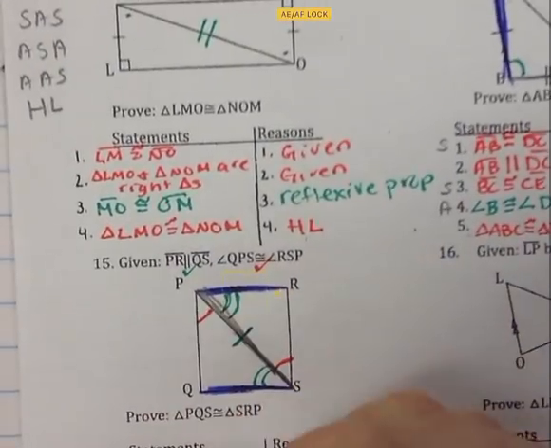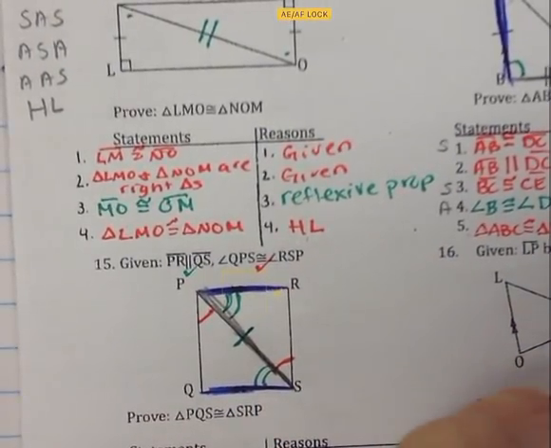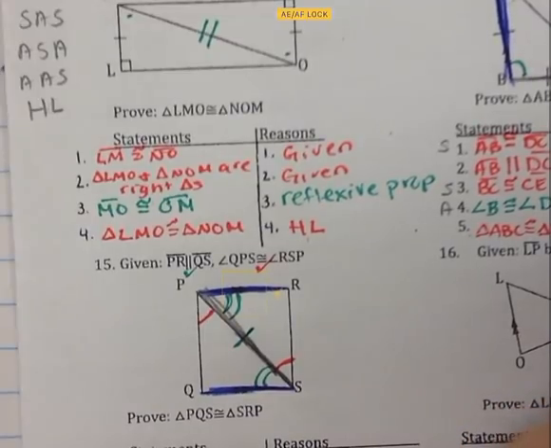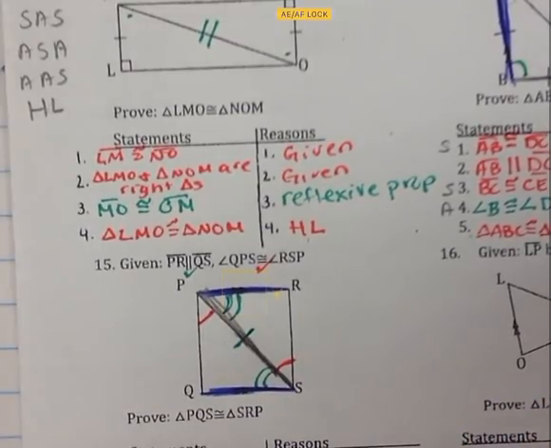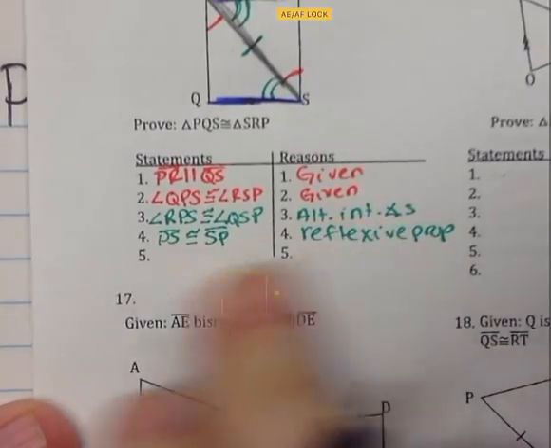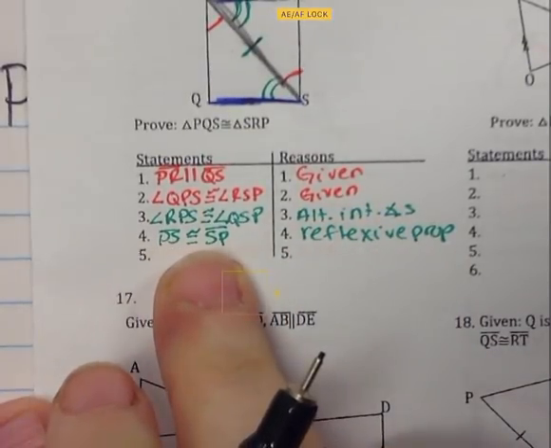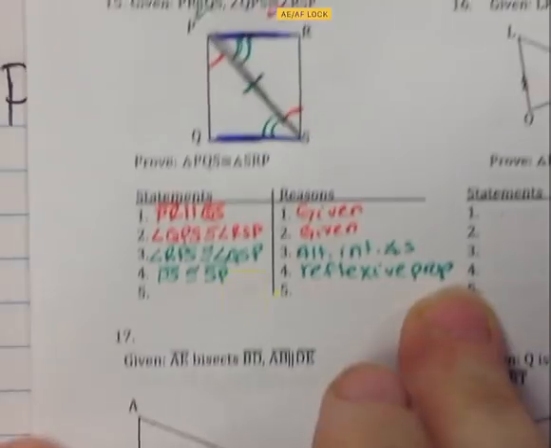If I do this one, I have to go from red to green, but this time it's from S to P. Segment PS is congruent to segment SP because of the reflexive property.